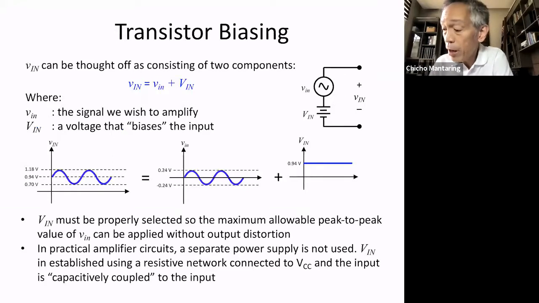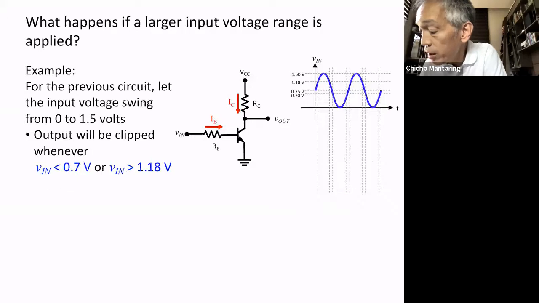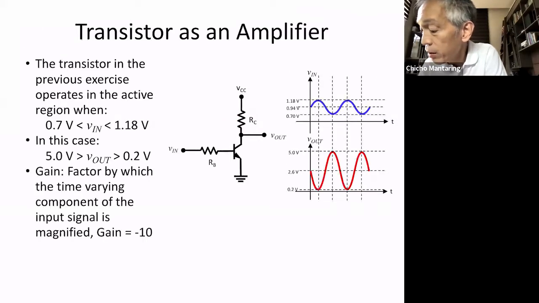And I started to point out this value, 0.94 volts, which is the middle of my signal. So this is my input signal. This 0.94 volts is very important. In other words, my signal varies by peak to peak 0.48 volts. 1.18 minus 0.7 is 0.48.